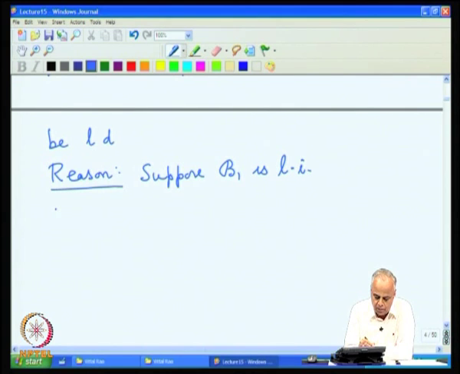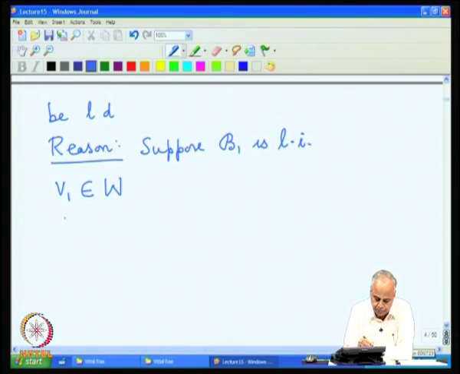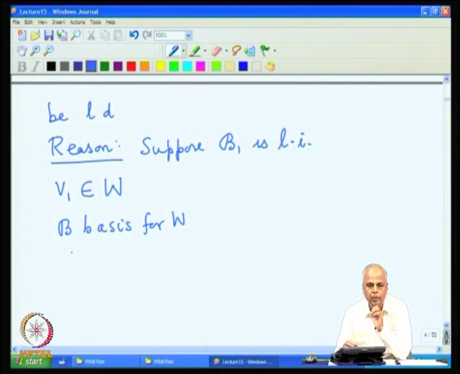Now, look at v1. v1 belongs to W and B is a basis for W, which means it has two properties.